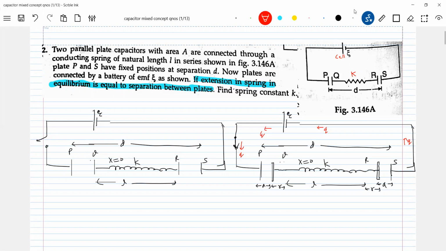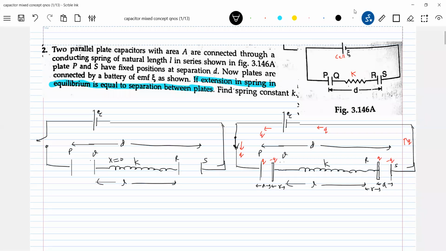I'll show the charge Q and minus Q, and there is the plate S. The spring got elongated, no? So in what direction will the spring force be? Let the total elongation of the spring be X. Then what is X equal to? 2R.